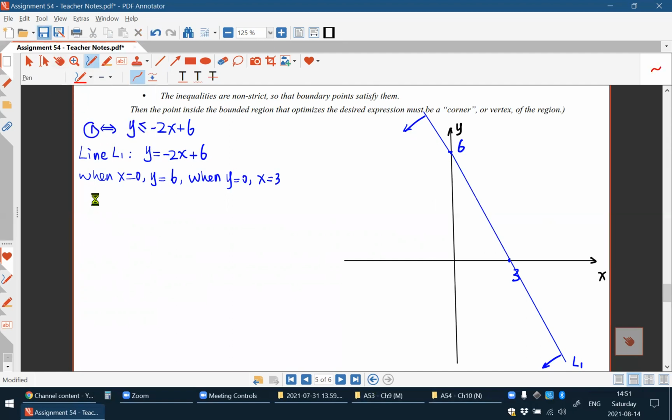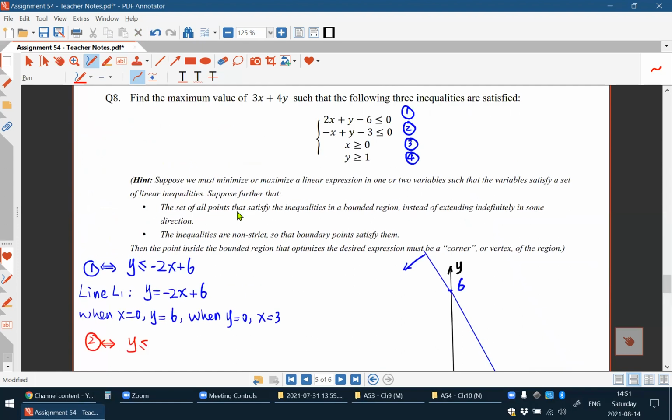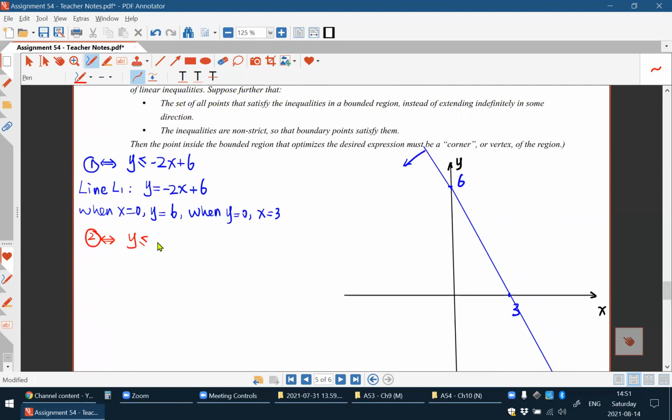Inequality number 2 is equivalent to y is less than or equal to x plus 3, right? And of course, the corresponding line L2 is y equals x plus 3.